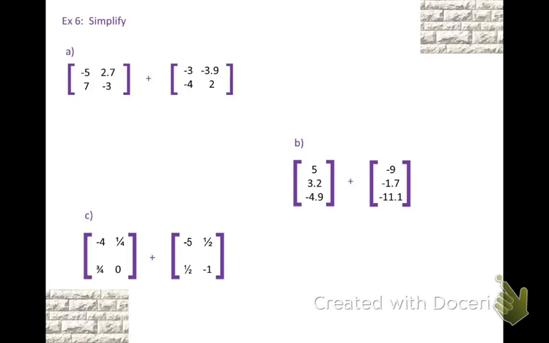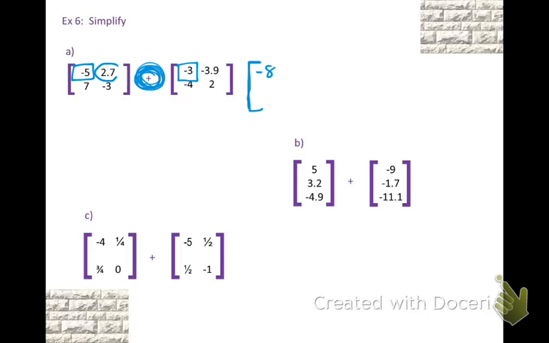So if I look at A, I'm going to start with the left top. That's negative 5. And I'm going to add it to the left top in the other matrix. So negative 5 plus negative 3. And you write out the same kind of matrix, and that would be negative 8.